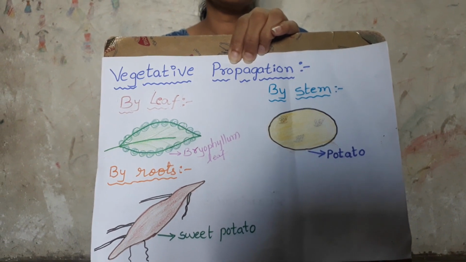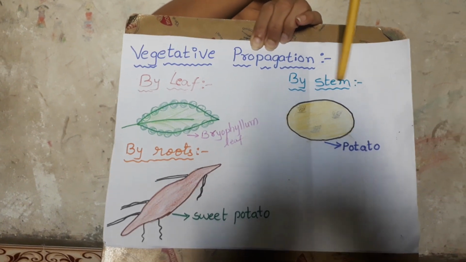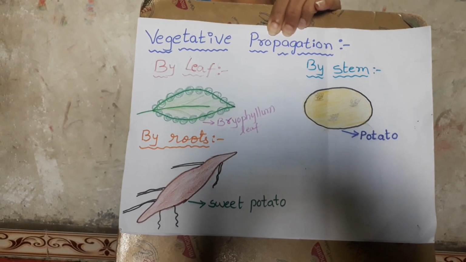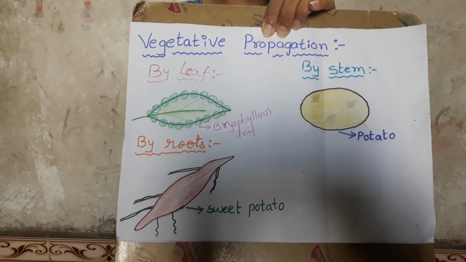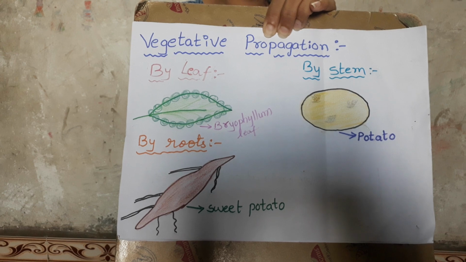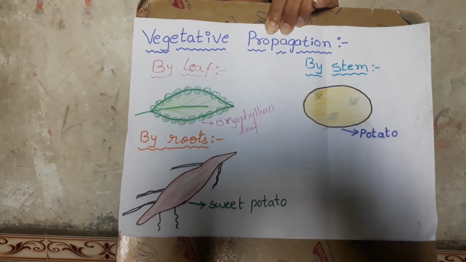Next we will discuss vegetative propagation by stem. For stem, here you can see I have taken the example of potato. Generally potatoes can be seen in our homes also. If we store these potatoes for a large period, something grows on the potato.